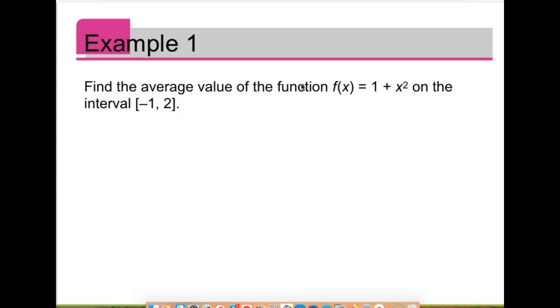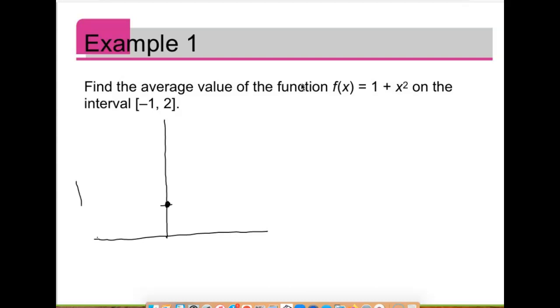Let's do it. Find the average value of the function f of x equals 1 plus x squared on the interval -1 to 2. I want to sketch this one out. 1 plus x squared is just a parabola that's shifted up 1, right? So it's going to have a vertex right there at 1.